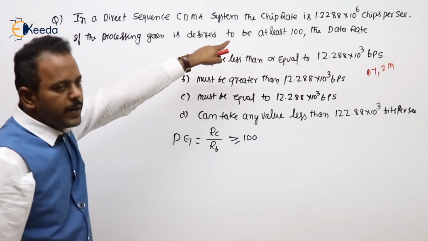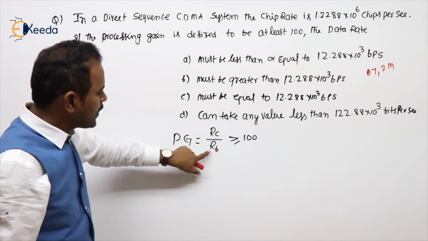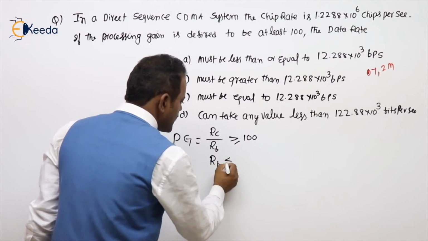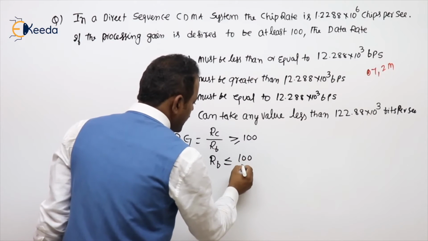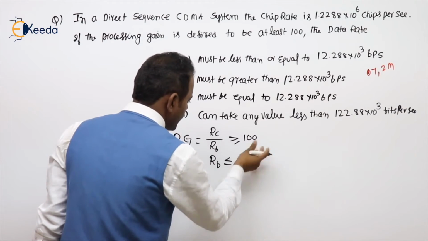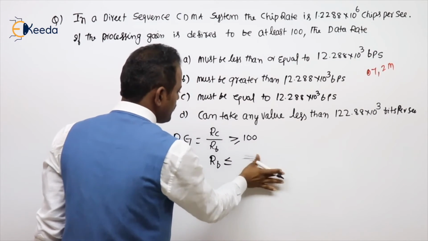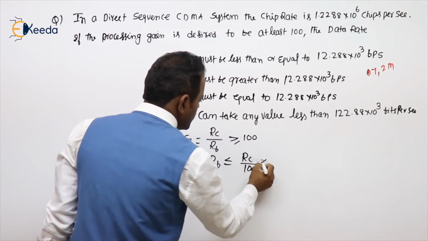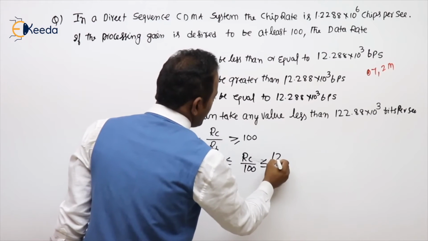Already the chip rate is given. Now you need to calculate the bit rate. So I can say RB is less than or equal to, sorry, it's reversed now, RC by 100. What is the RC value given?